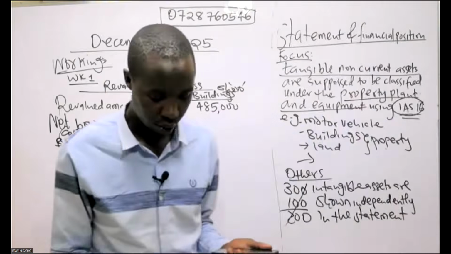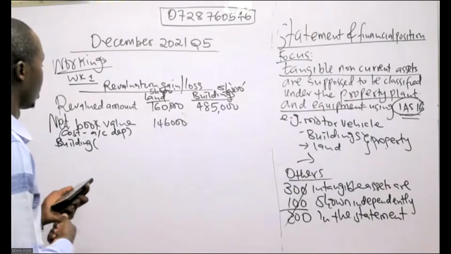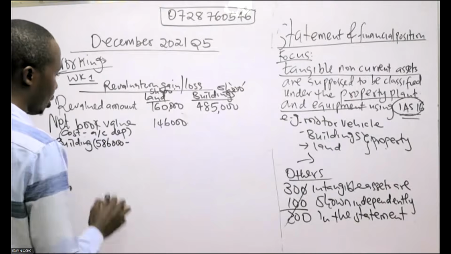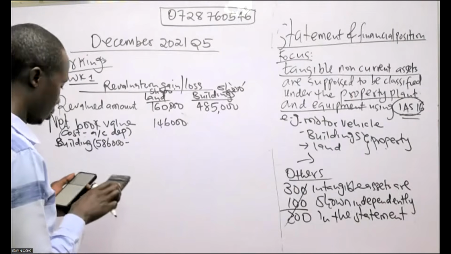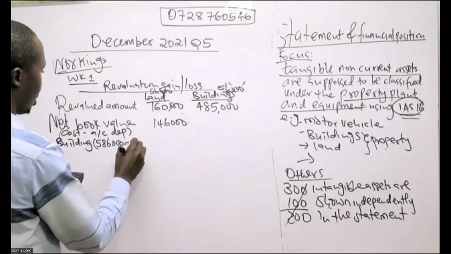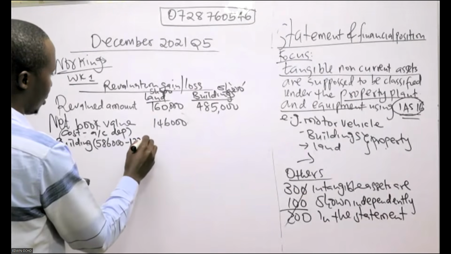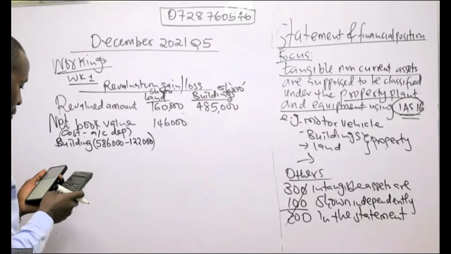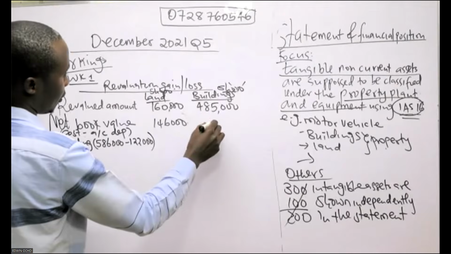That is the cost. Minus accumulated depreciation for us to get net book value. Accumulated depreciation for building is 122,000. So meaning this is 464.